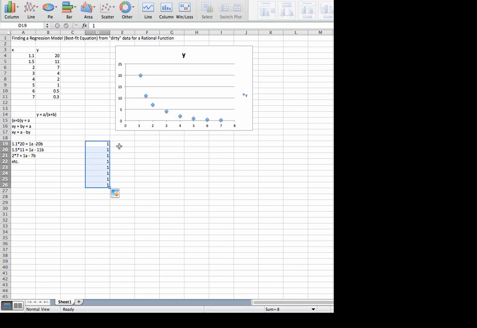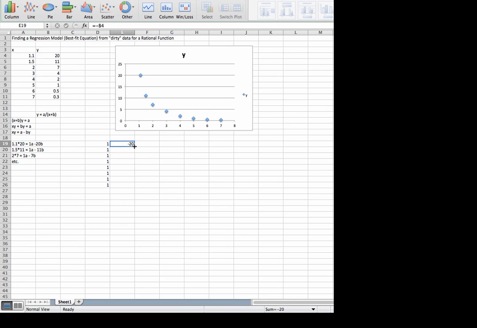So if we build this and make it 8 long, 4, 5, 6, 7, 8, there's our first column of our coefficient matrix. Our second column will come from the coefficients of the b's, and you'll notice that the coefficients of the b's are just the y value with a negative sign. So I'm going to here put equals the opposite of, and I'm going to click on this 20 and hit enter, and you'll see that it put the opposite of that there.